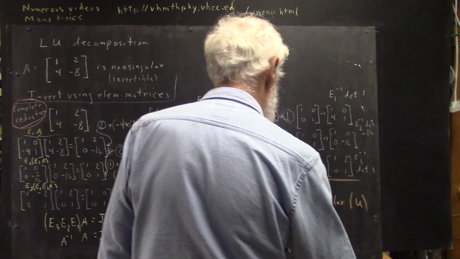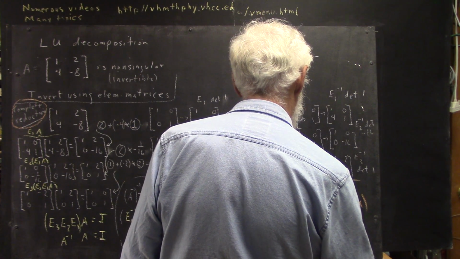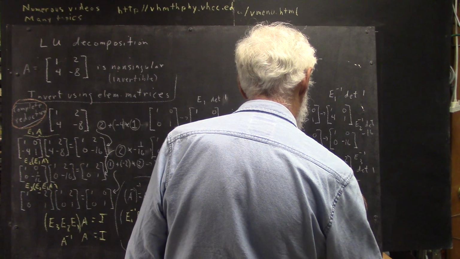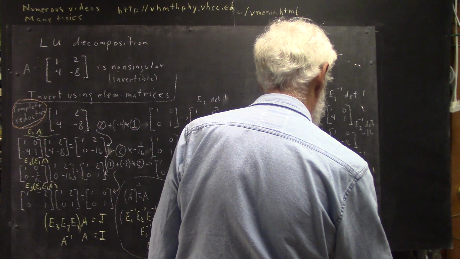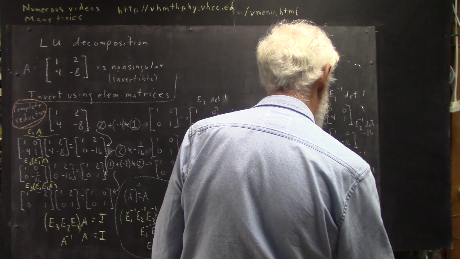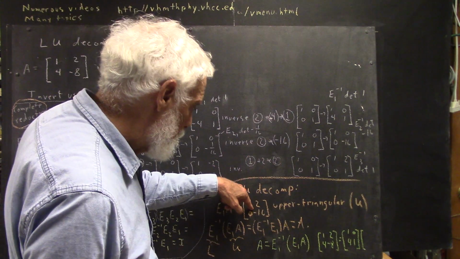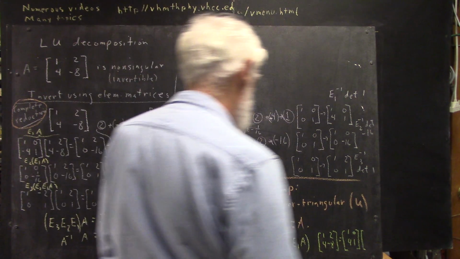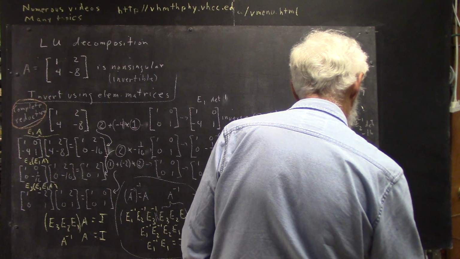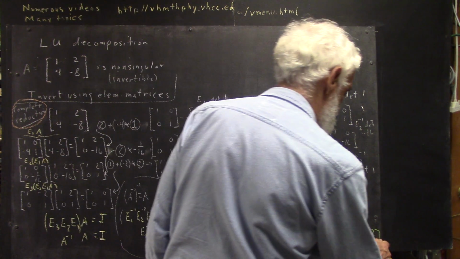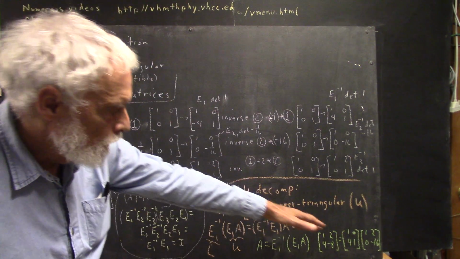If I write out what the matrices are, that tells us that the matrix 1, 2, 4, negative 8 equals E1 inverse, 1, 0, 4, 1, multiplied by the E1A matrix, which is 1, 2, 0, negative 16. Now that was short and sweet.